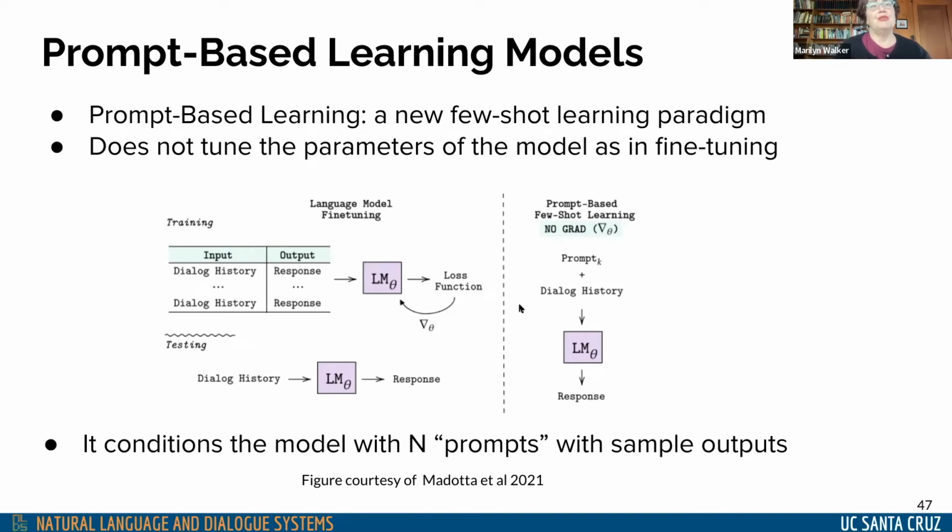I'm going to show you. So you condition the model with these prompts. The important thing to notice is that you're not training any parameters. Normally with fine tuning, you take the parameters originally in the language model and you tune them to your particular task. Here, the only way that you do any kind of tuning, if you want to call it that, is with these prompts.